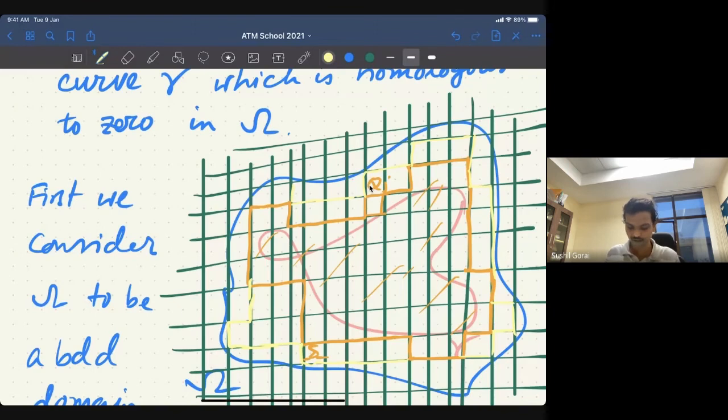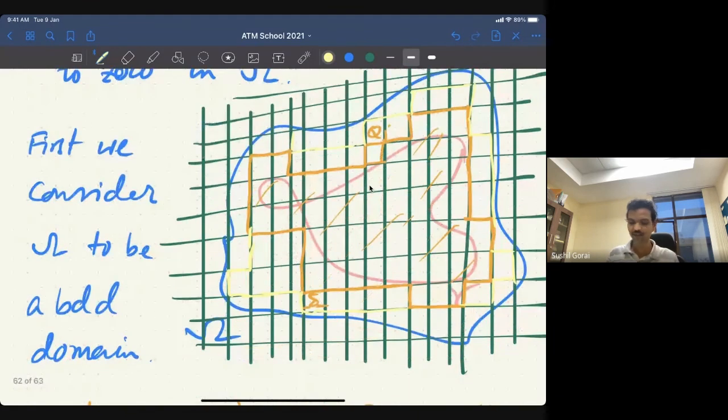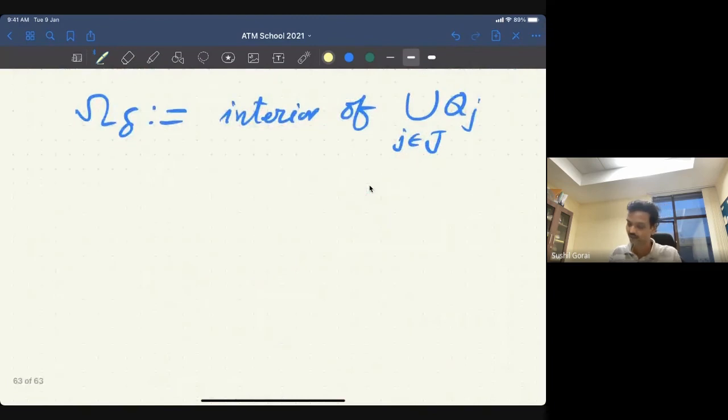You can make delta small so that the whole curve will lie there, whatever curve you choose. Depending on delta, you can find such a way. That part is important.